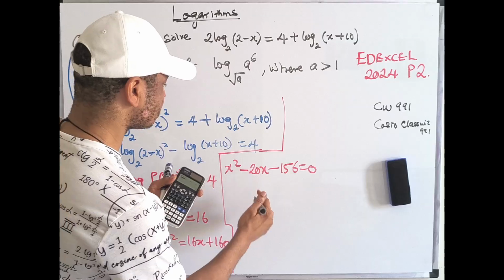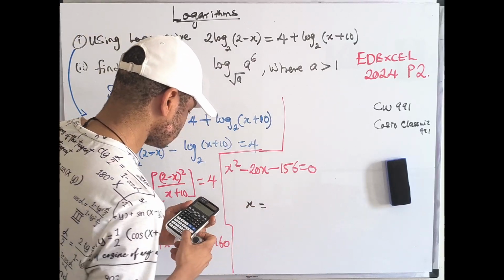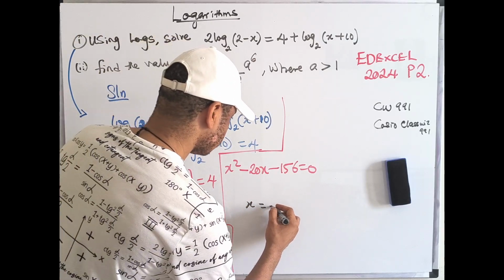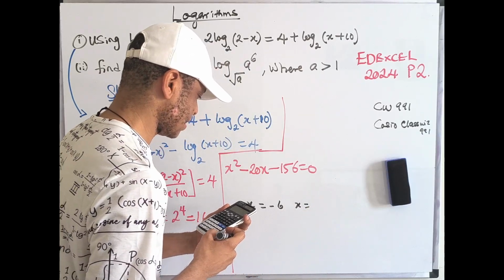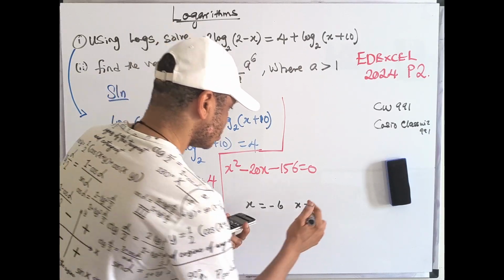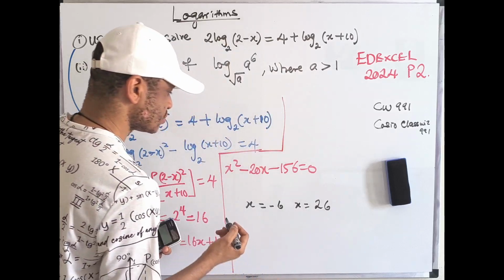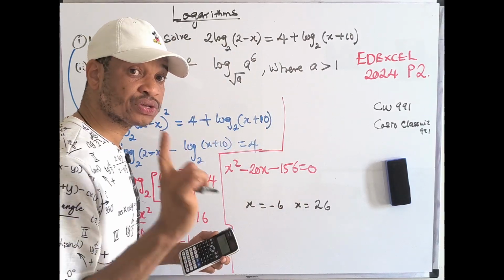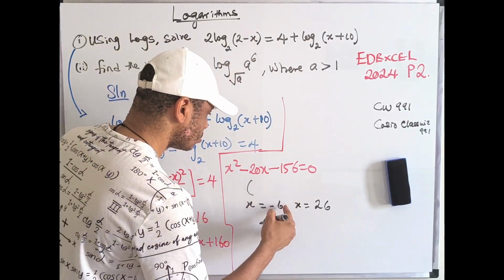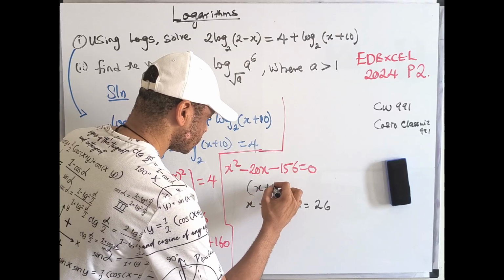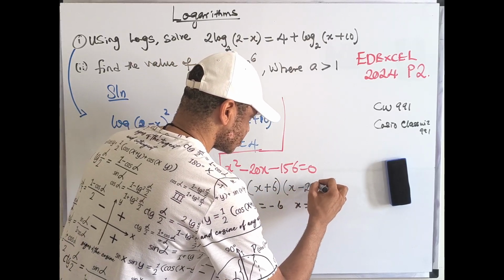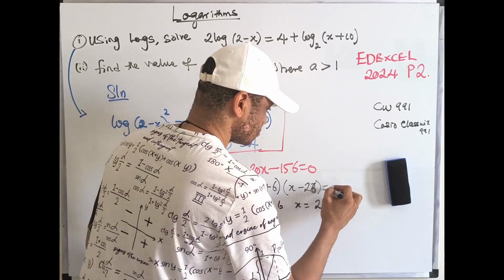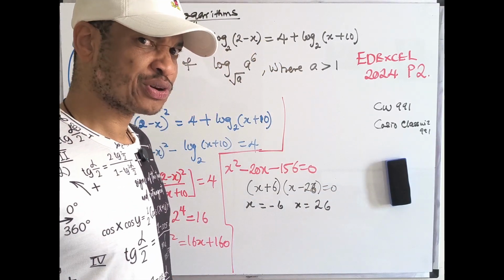All right, so when you solve this, you get x as minus 6 and 26. If you just write this, you're going to lose 1 mark. So you should write it as x plus 6, x minus 26. You'll be smart, so the examiner has no doubt.